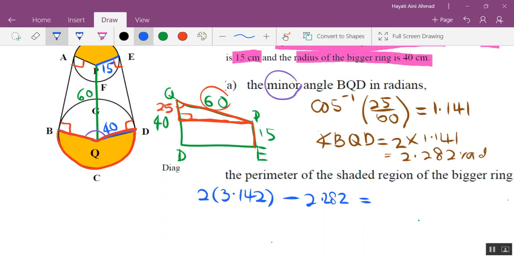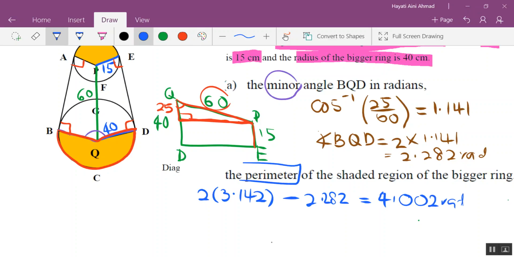We need to know the angle because we will have to find the length of arc of BCD. So 2 times 3.142 minus 2.282 is 4.002 radian.